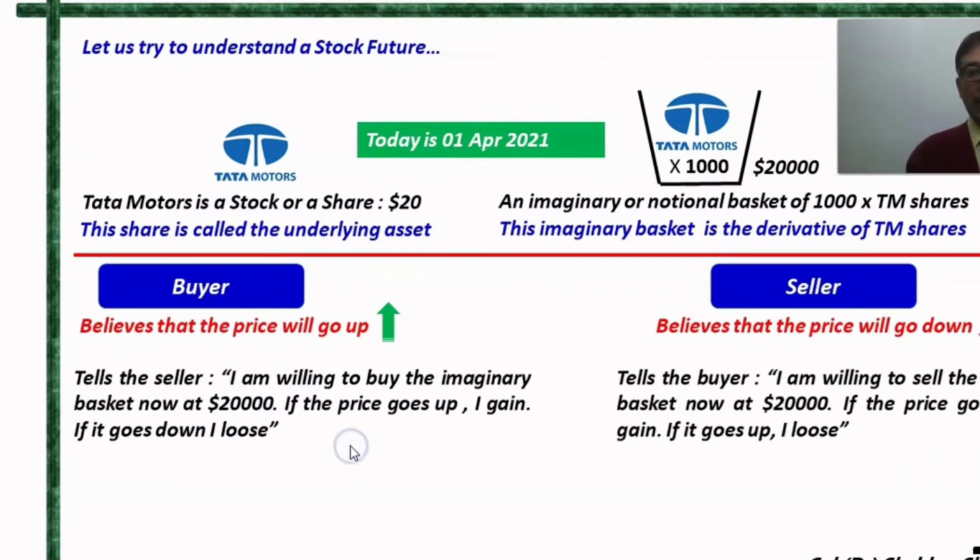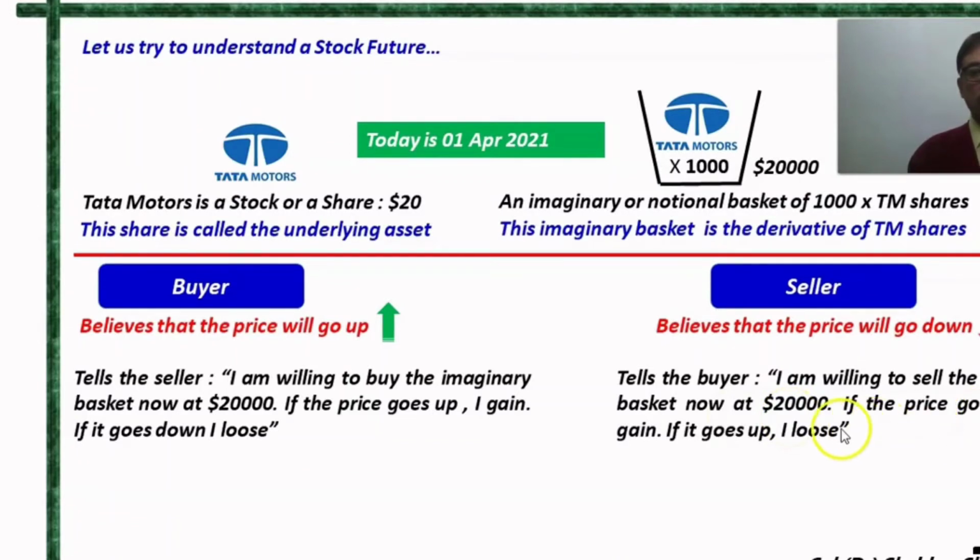Alright? At the same time, the seller tells the buyer, okay, I know that the notional basket does not belong to me, but still if you are willing to buy, then I am willing to sell that imaginary basket at $20,000 now.